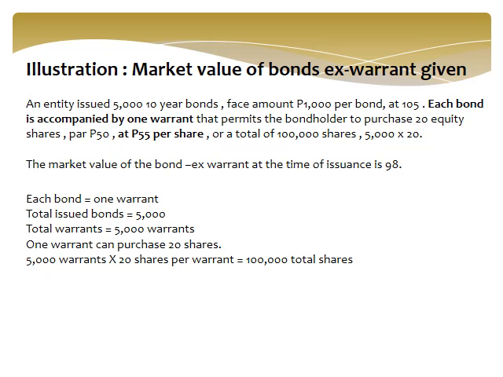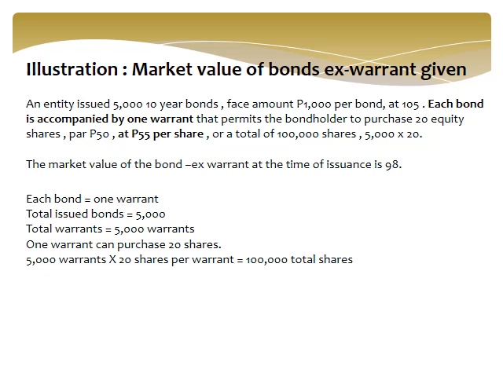Illustration tayo. We have the market value of bonds X warrant given. So pag given na, hindi na tayo mag-compute ng market value. An entity issued 5,000 10-year bonds, face amount 1,000 per bond. So, ibig sabihin, yung bawat bonds is merong 1,000 peso na face amount. 5,000 yung bonds.